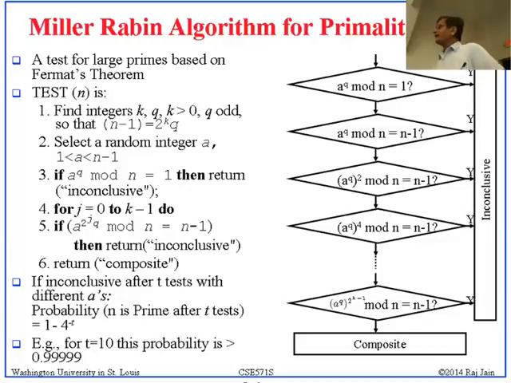Okay? So all right. This looks like a little bit complicated formula, a raised to 2 raised to j times q, and all that. But in the next slide, I have an example where you'll see this is all squaring. So keep squaring a until you say either it is inconclusive or composite.